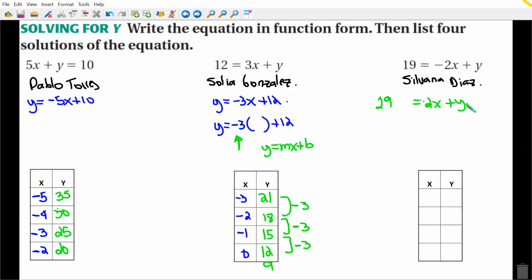This is the y you want to isolate, right, Silvana? Yes, teacher. Now, I have a negative 2x. I want to leave this by itself. How can you cancel negative 2x? Multiplying by 2. Multiplying times 2 will give you negative 4x.